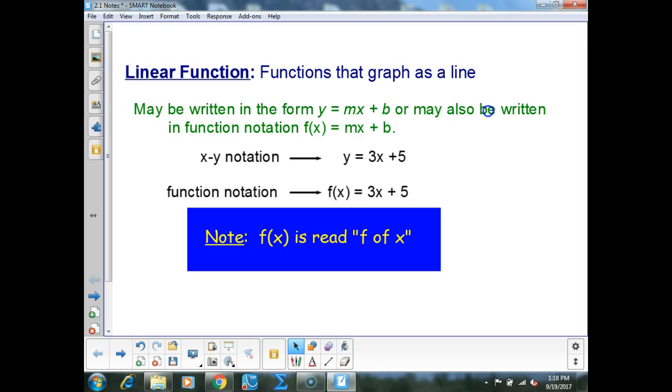But when you're doing it, in your brain you're saying, well, f of x is y. Okay? So in xy notation, it's y equals 3x plus 5. In function notation, that exact same line, if you will, I don't want to say straight line, is f of x equals 3x plus 5.